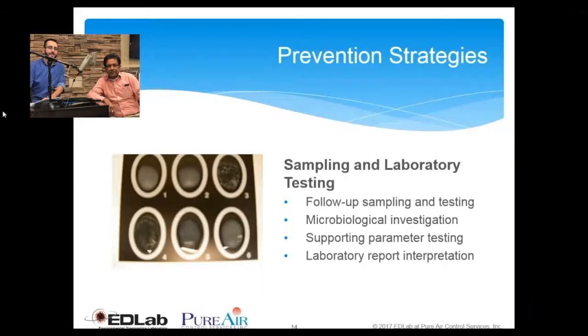The other thing is that follow-up sample collection must be done for testing, and that leads to the environmental microbiological investigation. As you can see in this picture, we have to be very specific. If a particular type of disease such as Legionella is reported, then we must ascertain that the organism responsible for causing the disease, such as Legionella pneumophila serogroup 1, must be tested, and it must be speciated.